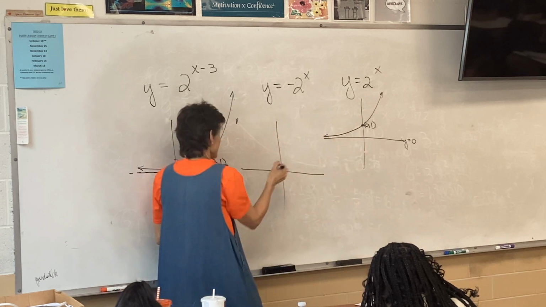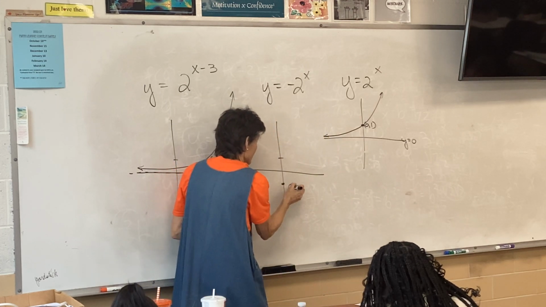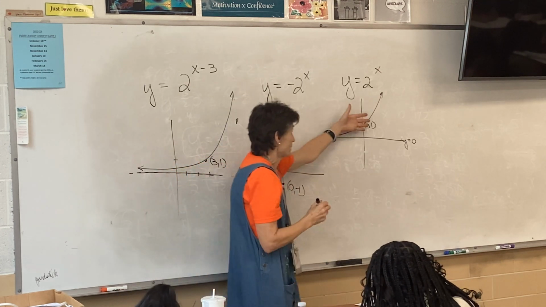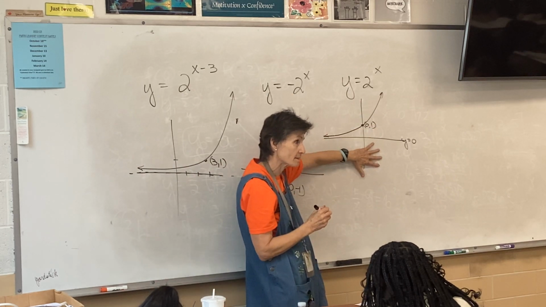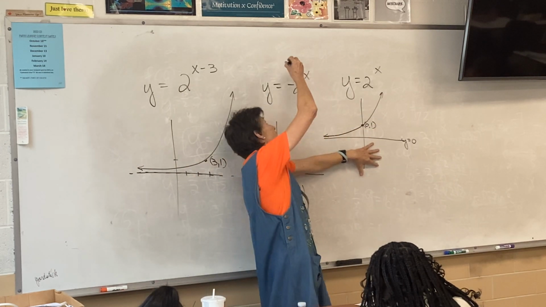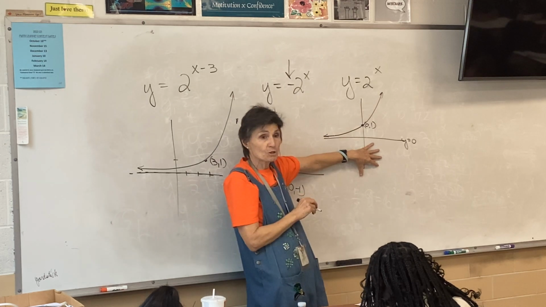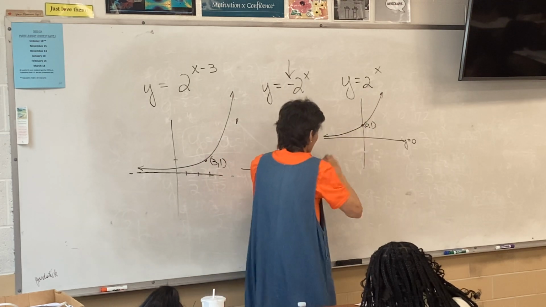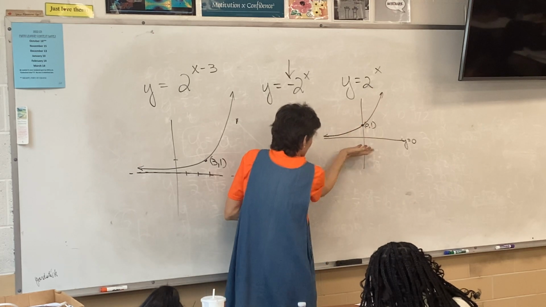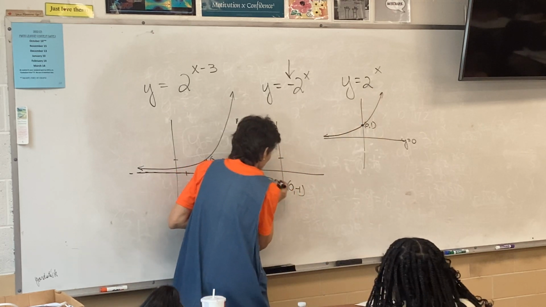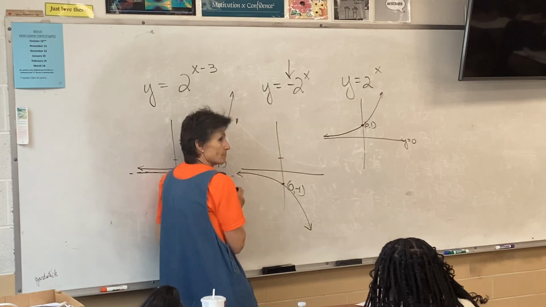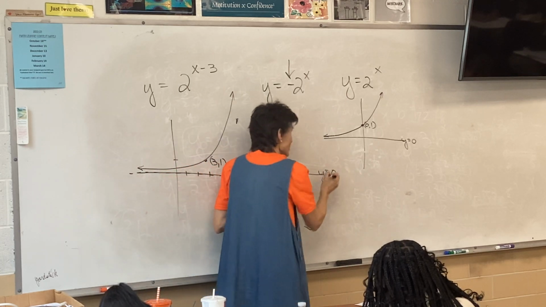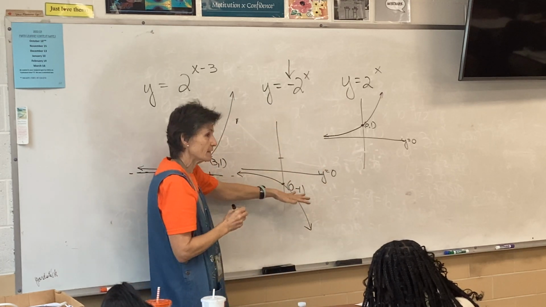So the point 0, 1 is now going to be the point 0, -1. A negative out in front flips you upside down. So if you take this exact picture, but flip it this way, can you visualize this? The asymptote hadn't changed. You just turn everything upside down.